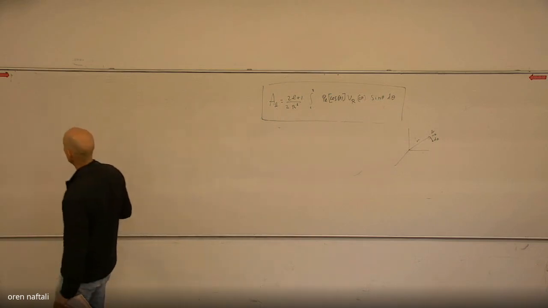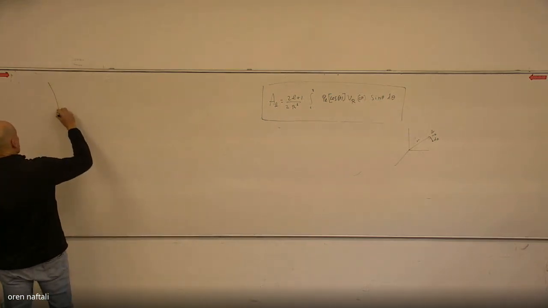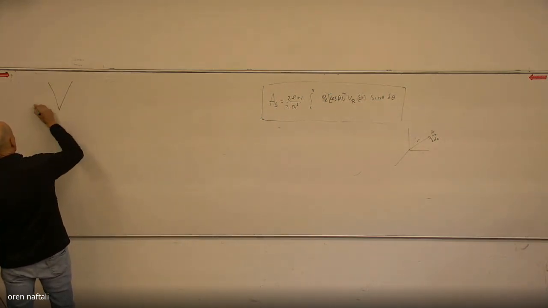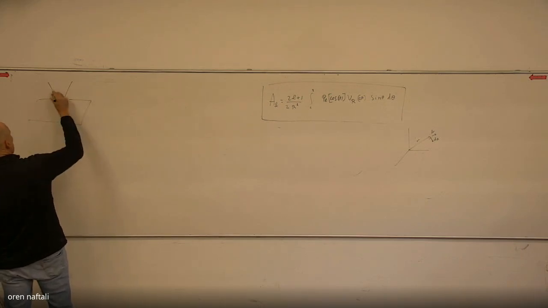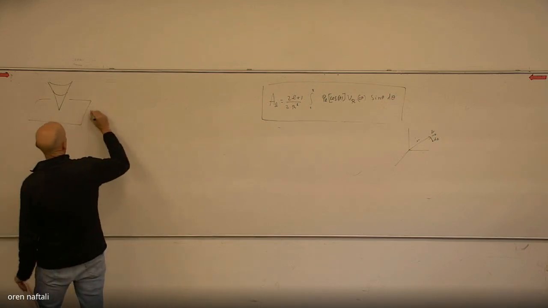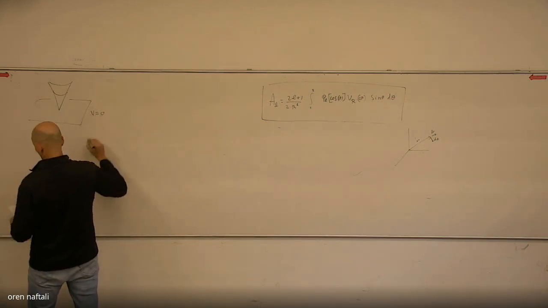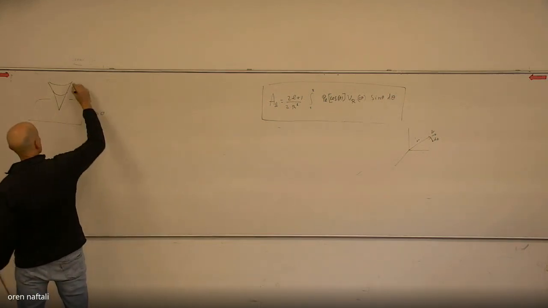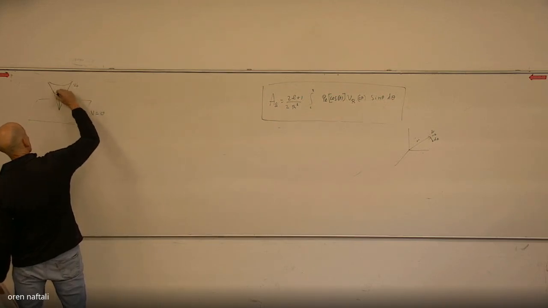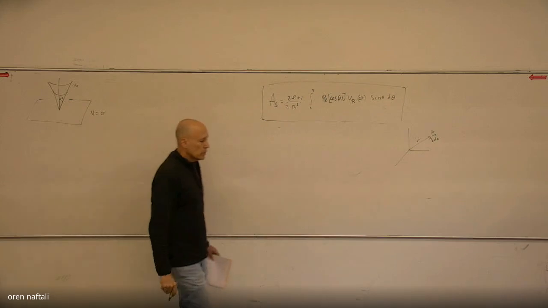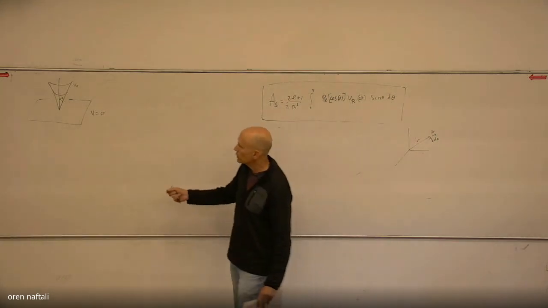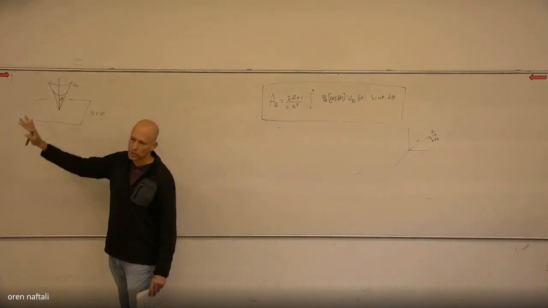So now we are going to solve at last some problem that is not in Griffiths. And this is this problem. So we have a cone. Here we have V equals 0. Here we have V0. And there's an opening angle for this cone, alpha. And this cone's tip is touching the surface.